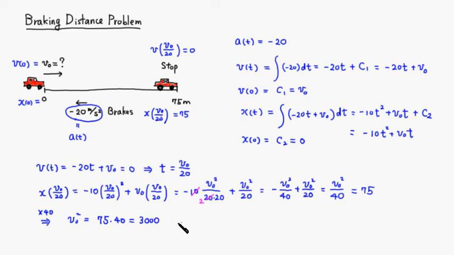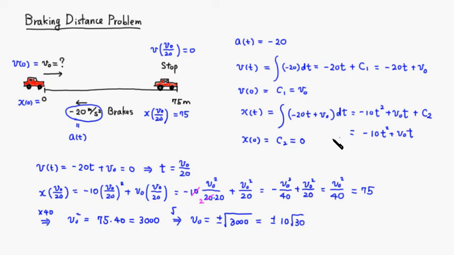Then we take the square root of both sides. So v0 is plus or minus the square root of 3,000, which is plus or minus 10 times the square root of 30.